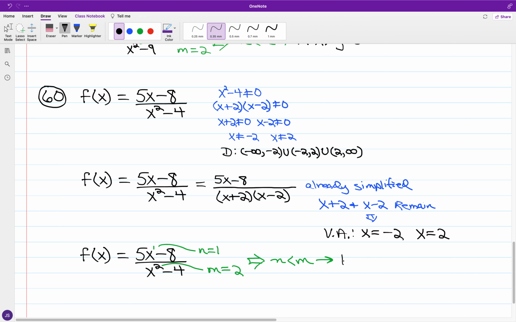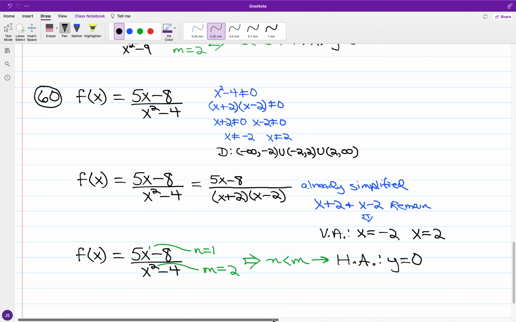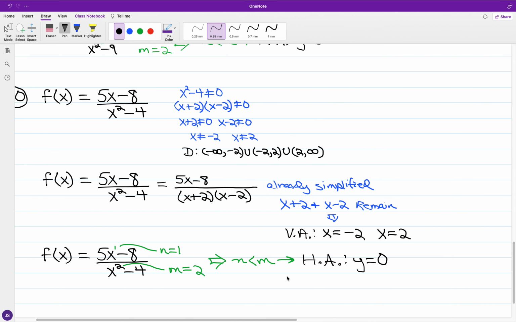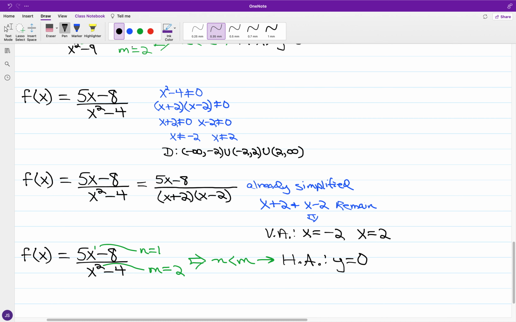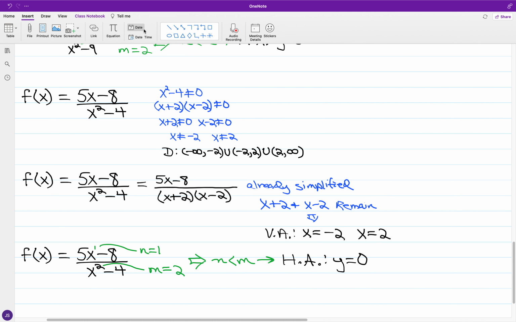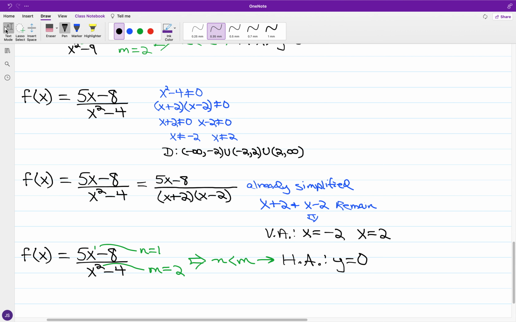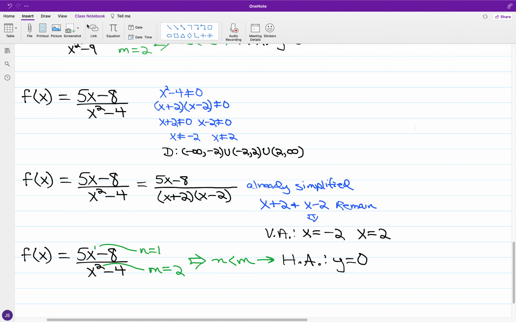And once again, we're going to have the horizontal asymptote at y is equal to 0. So again, we have 3 asymptotes, 2 vertical and 1 horizontal. And the nature of the graph for this function will be the same as what we had in number 59. Different points, different coordinates, but in terms of the general layout, there'll be a lot of history repeating.